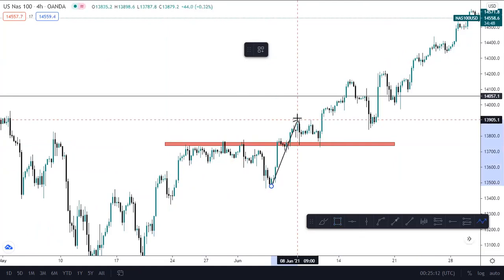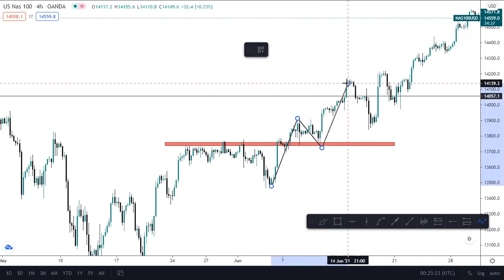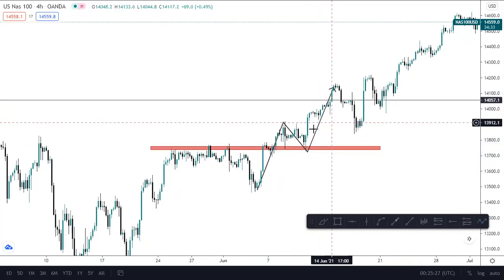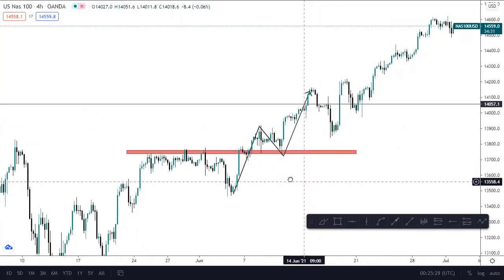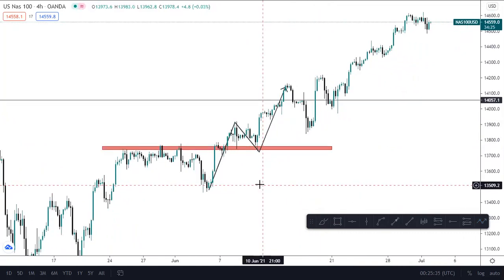We had a breakout of this resistance level, and look what happened after the break. We had a retest, right? Then boom, the market shot up to the new high. After that, you can see it's all about break and retest.